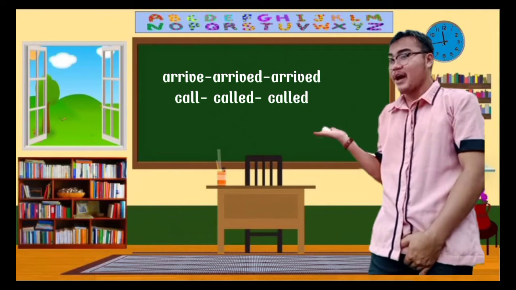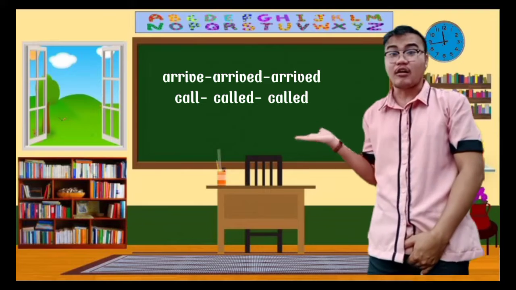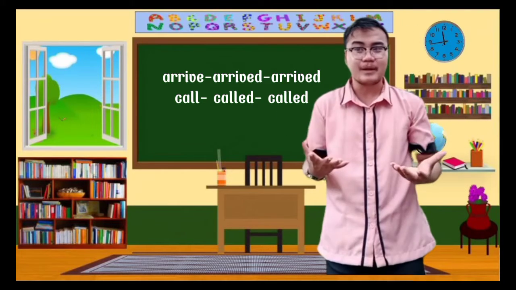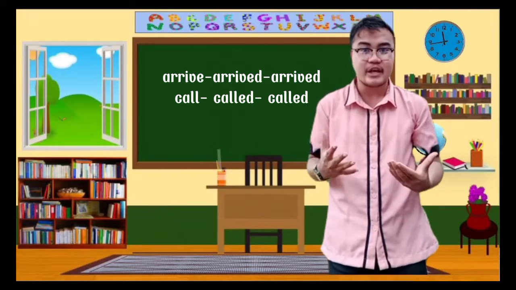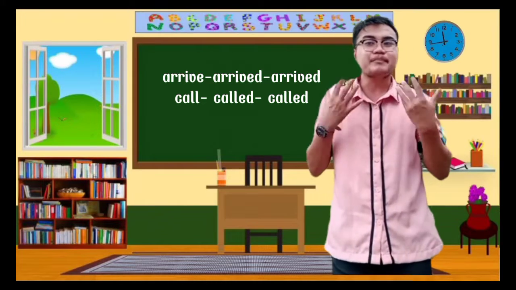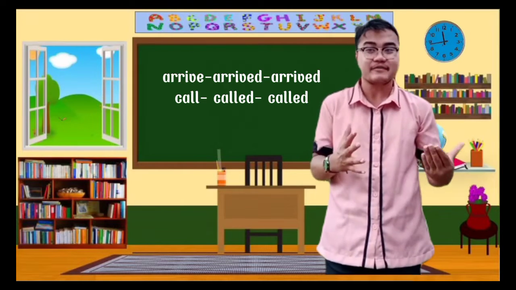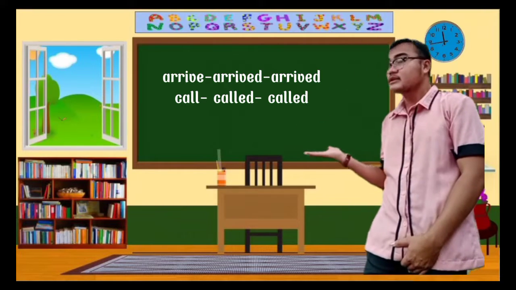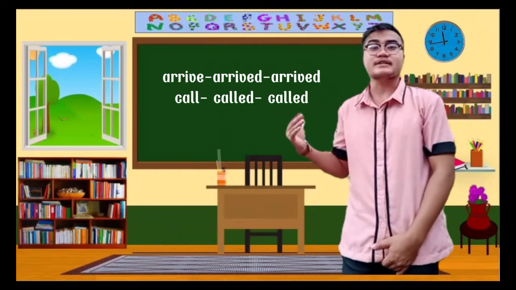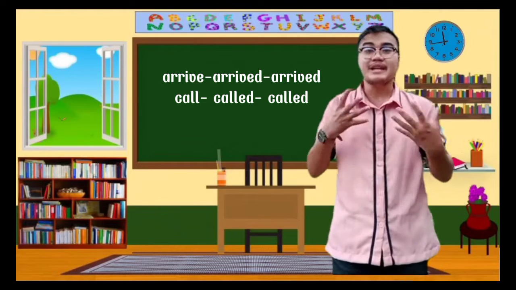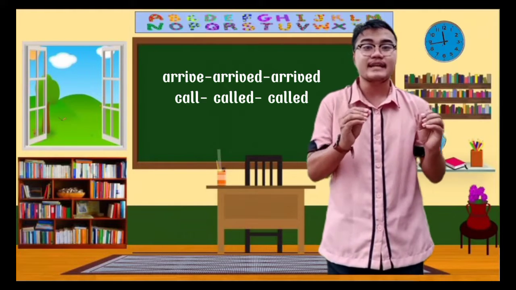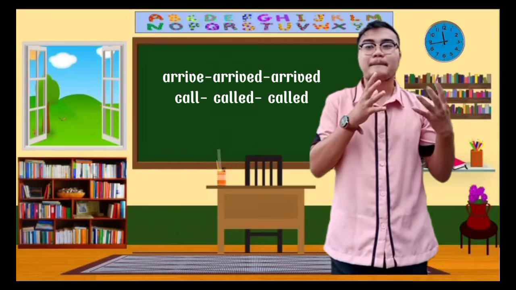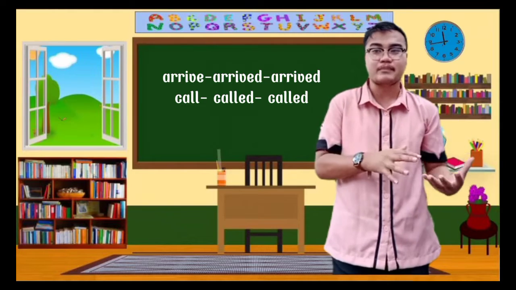The base forms are arrive and call. The past simple of arrive is arrived. You have to add ed, and the past participle is also arrived. Call, the past simple is called, and the past participle is also called. So, meaning to say, you just add ed to make it past simple and past participle.